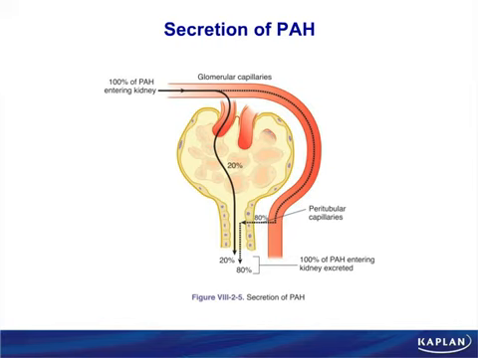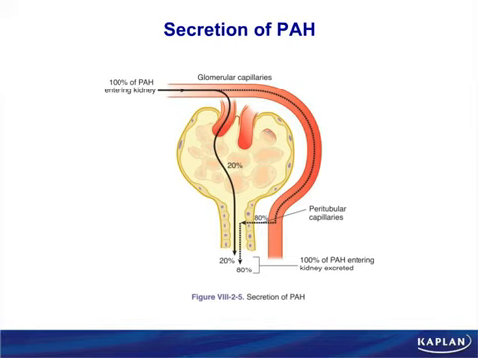If you look over here at the renal vein, you will see the plasma concentration of PAH will be 0. That means the clearance is very high. That means you have cleared everything that has entered the kidneys. 20% filtered, 80% secreted, 100% excreted, 100% cleared. Your clearance is 100%.